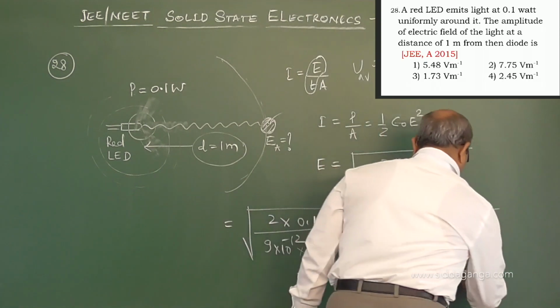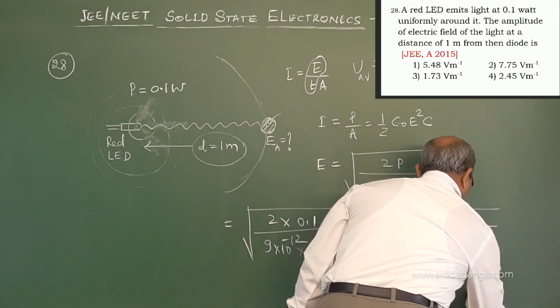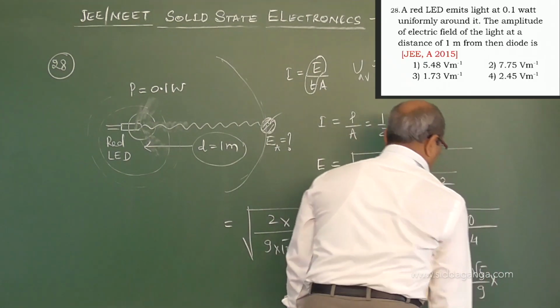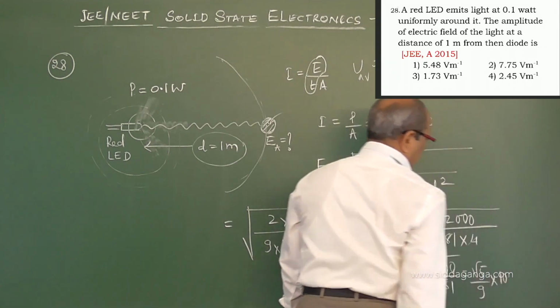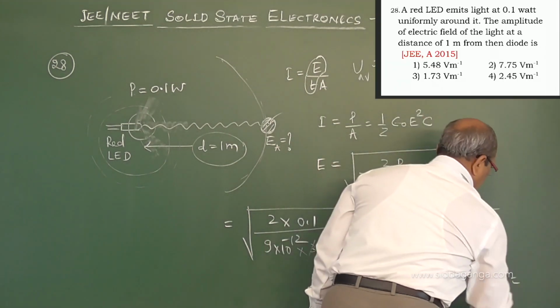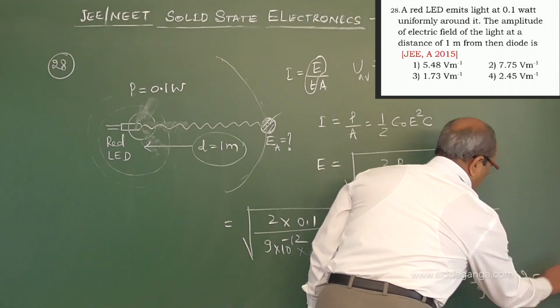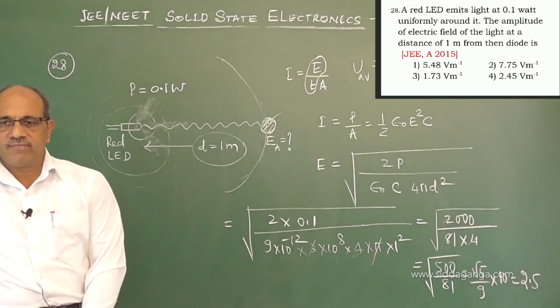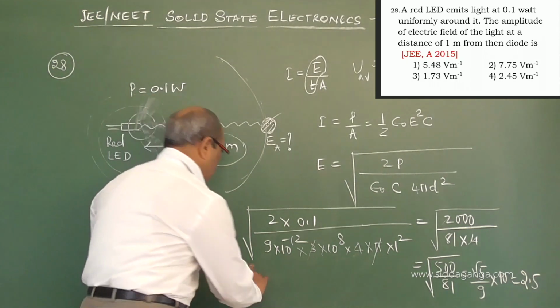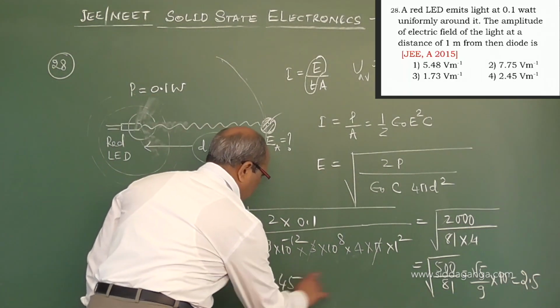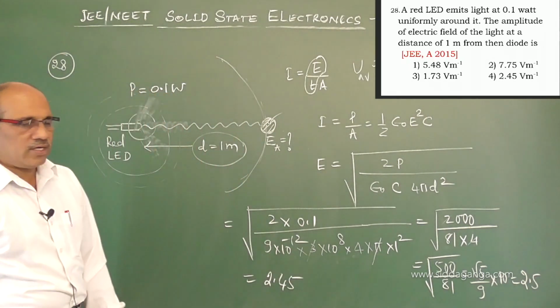So root 5 I can keep, root 5 divided by 9 into 10. Approximately 10 cancelled here, it is around 2.5. Answer is around 2.45. 2.45 is the energy required.